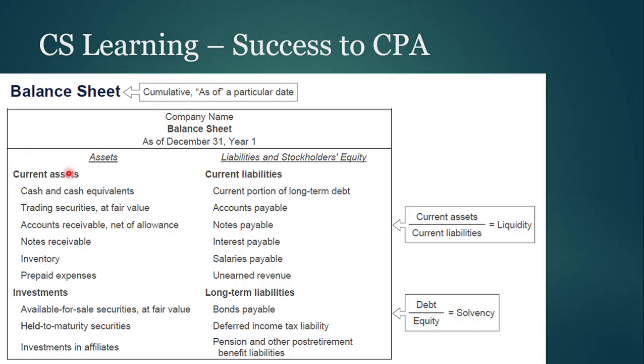This is just a part of the assets. Assets are categorized into current assets and non-current assets, and liabilities are also presented as current and non-current. By checking the current assets and current liabilities, you can understand how good the company is in terms of liquidity.